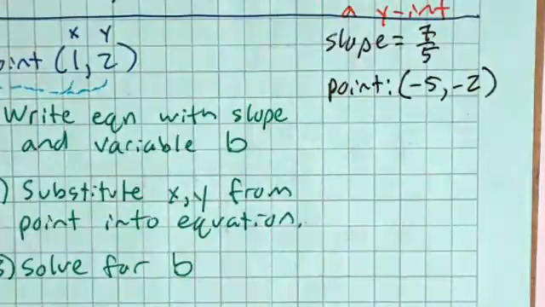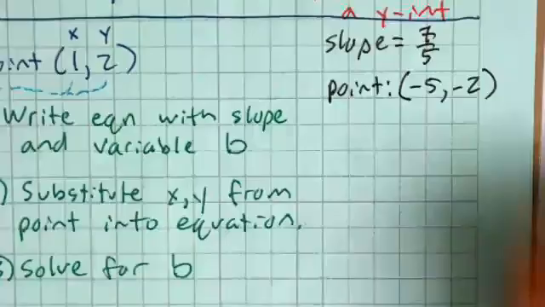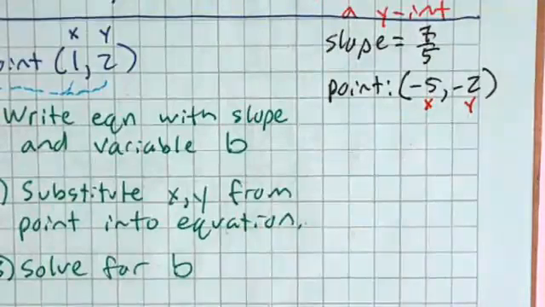So I'm just going to follow these same steps that we just did, but this time we have a different slope and a different point. I think it's usually good to label that point with x and y because it's really easy to get those flipped around when you substitute.